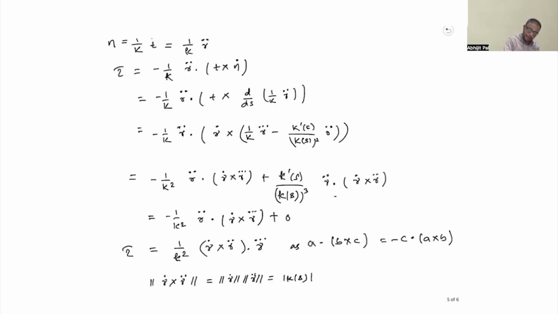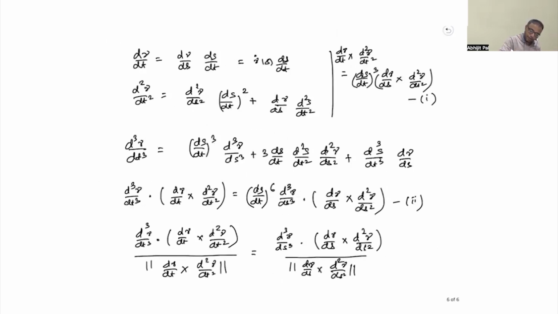So this follows from equations 1 and 2 and from the earlier two equations.